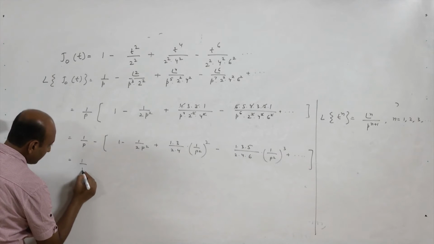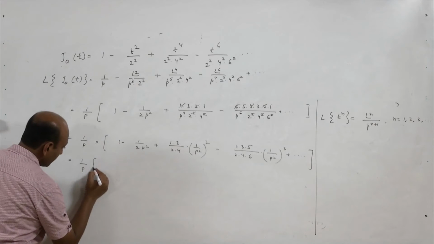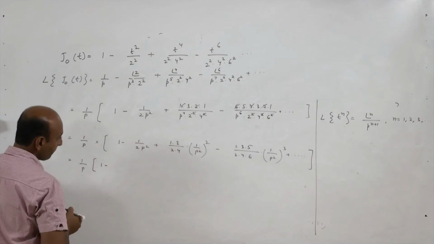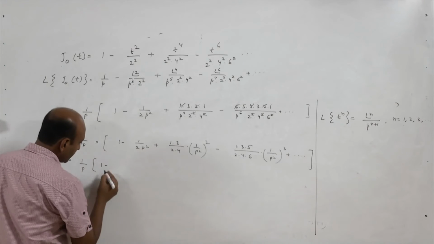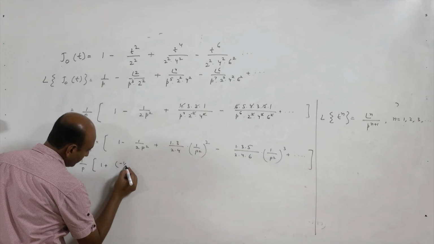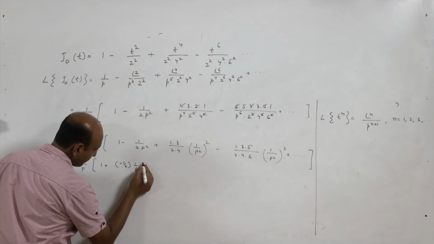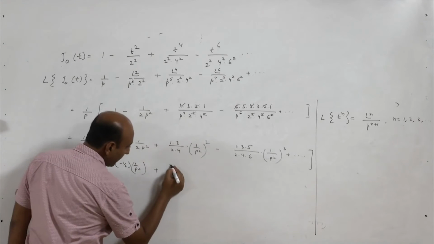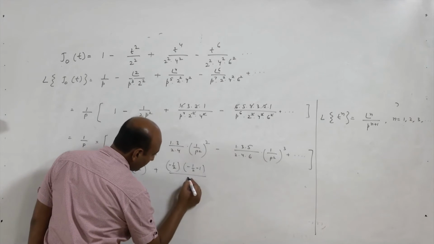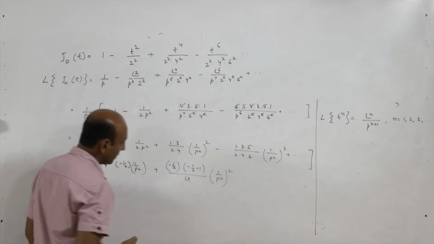So, this is nothing but 1 by p into, now this is 1 minus, you can say plus minus 1 by 2 into 1 by p square. Now, this is nothing but minus 1 by 2 into minus 1 by 2 minus 1 upon factorial 2 into 1 by p square. When you simplify this expression, so what do we get?